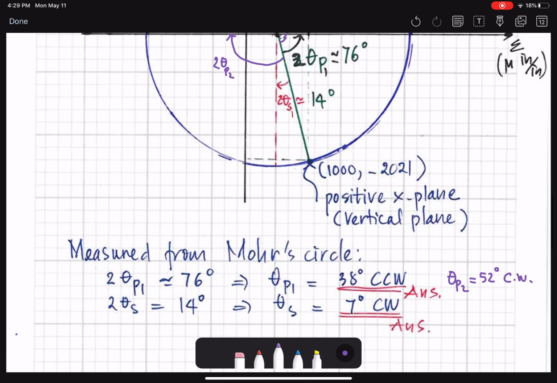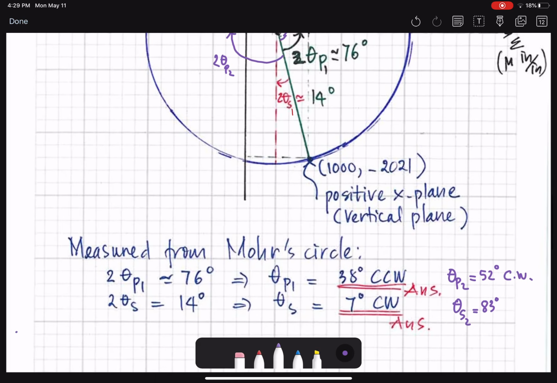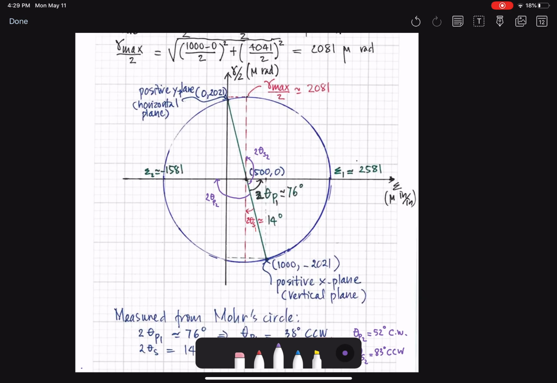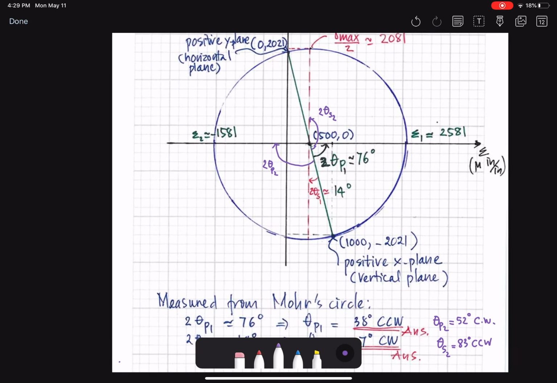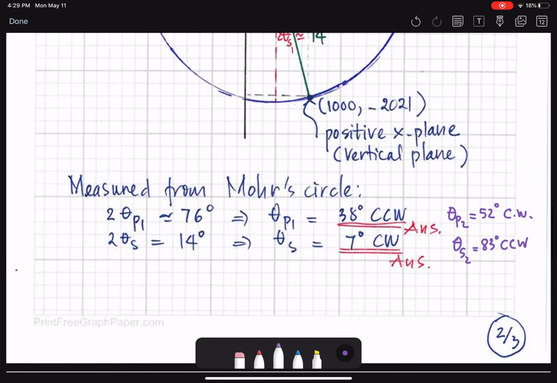So you can also find theta s2 equal to 83 degrees. And in this case, as you can see, that is counterclockwise. So that you can have in the answer. I just expanded this. The question may not ask us to find that, but I just expanded there for you to have it here.